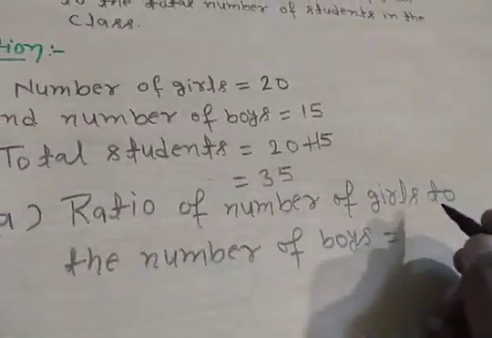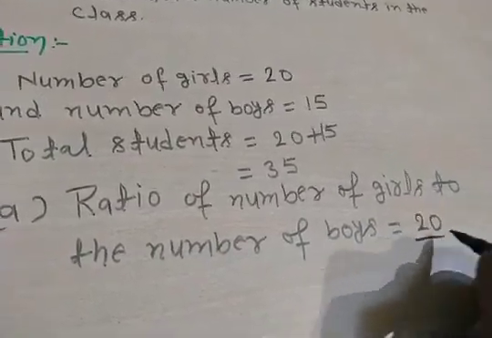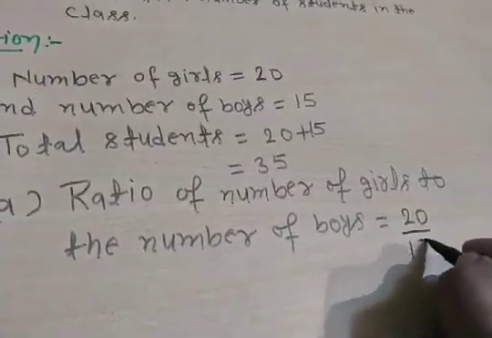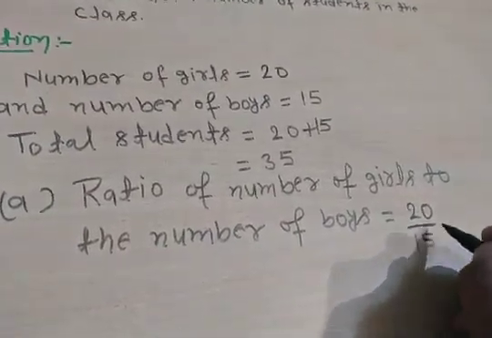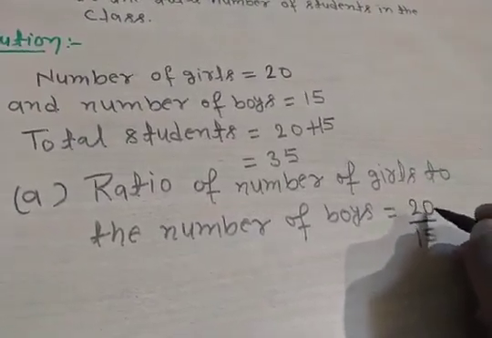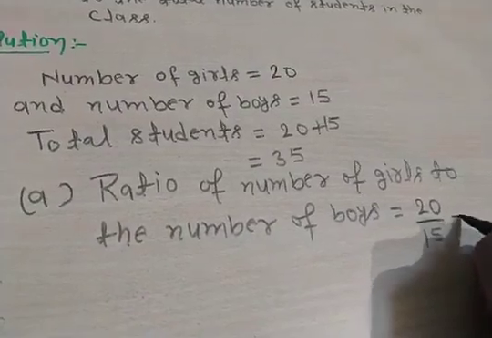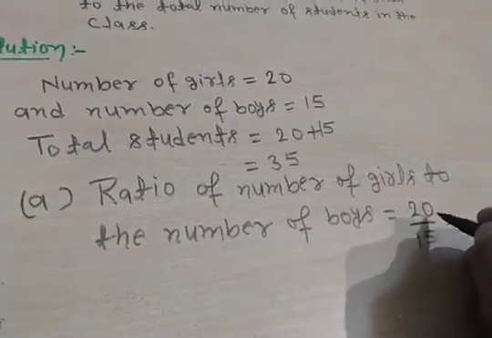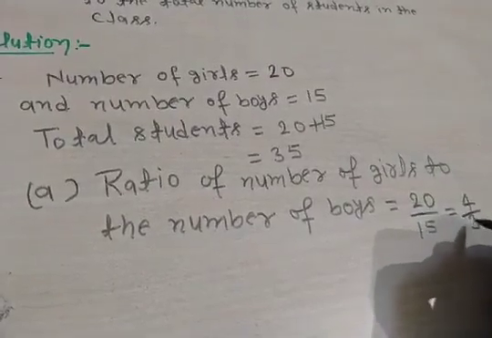So here the given number of girls is 20 and number of boys is 15. Okay, so first we simplify this. We divide numerator and denominator by same quantities. If we divide by 5, so we obtain here 4 by 3.